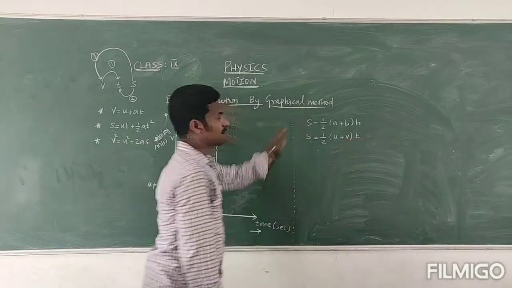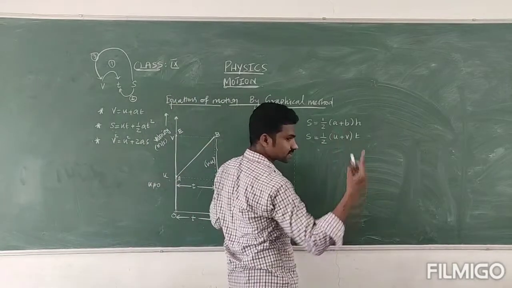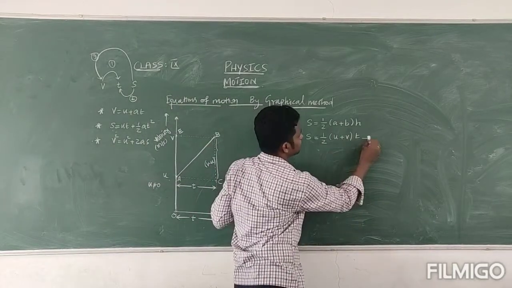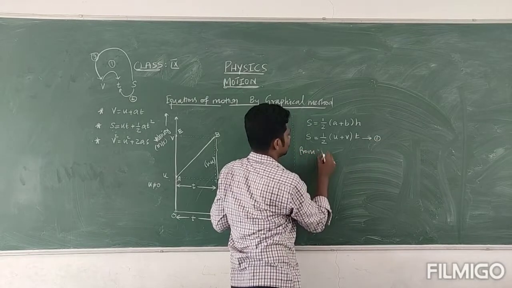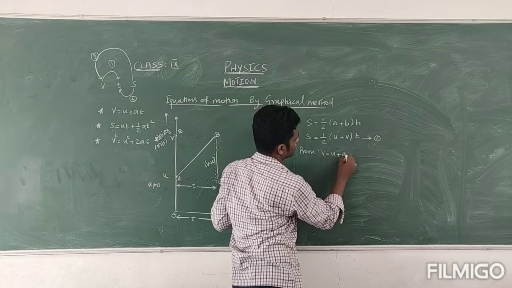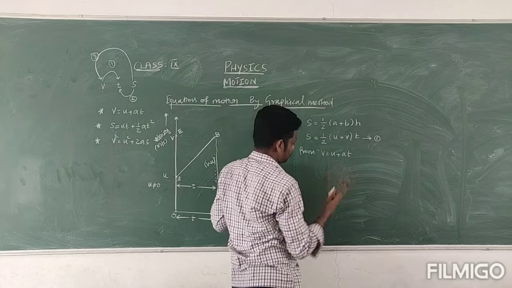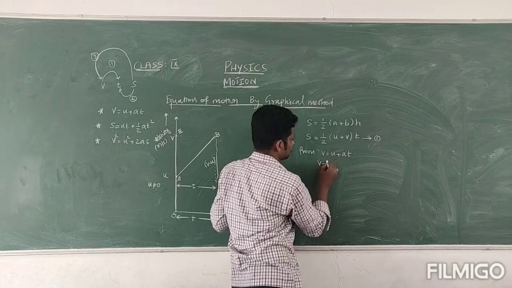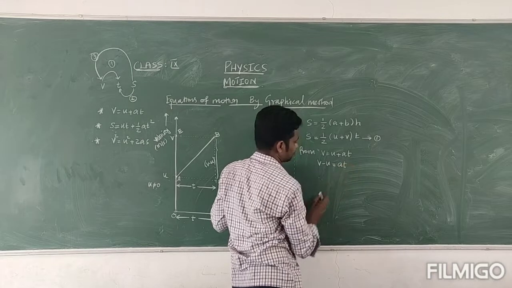But we know the equations of motion. Equation 1 is v equal to u plus at. You can write the t value: we know that v minus u is equal to at.